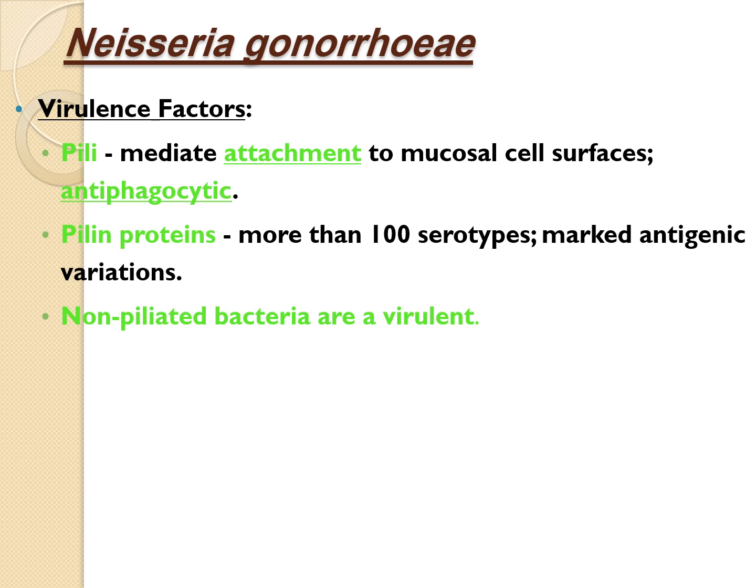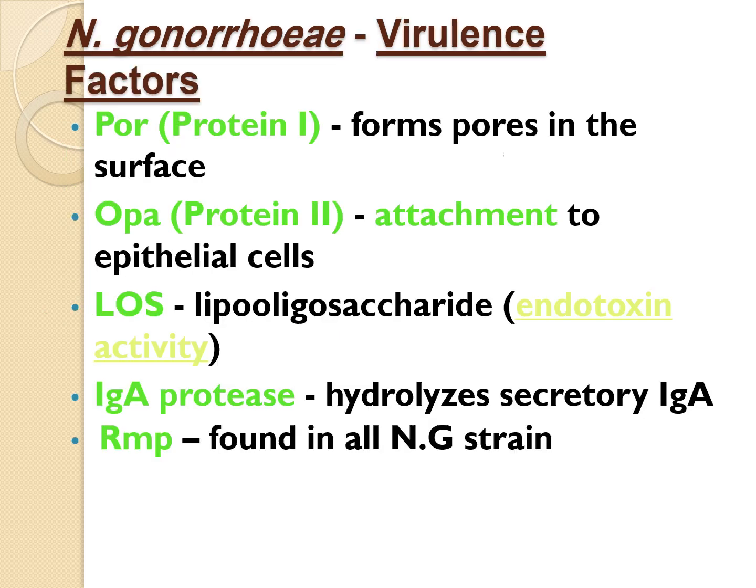In addition to pili, this bacteria contains other virulence factors such as opacity protein, LOS, porin protein, and IgA proteases, and also reduction modifiable protein, which is an outer membrane protein found in all strains of Neisseria gonorrhea.